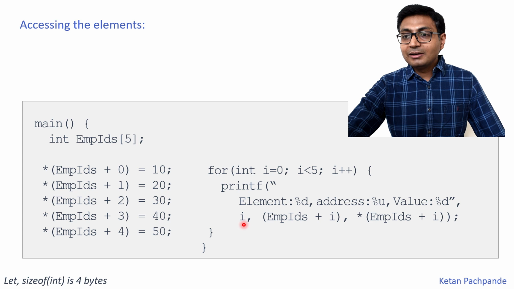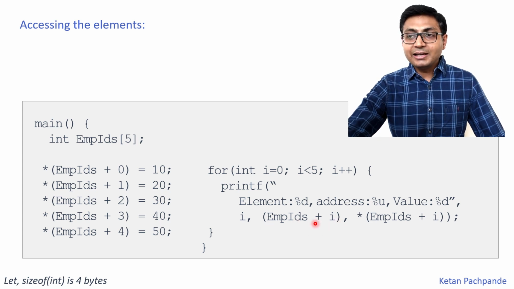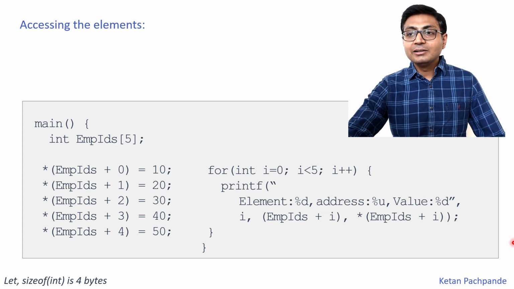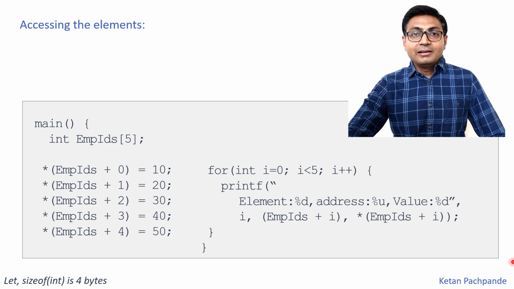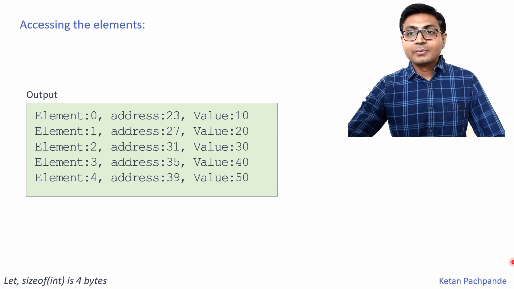So here is the element number, which is i, the first argument, and the address of the element, employee ID plus i, and the value at that address. So that's how this for loop is going to print the element number, the address, and the value at that address.